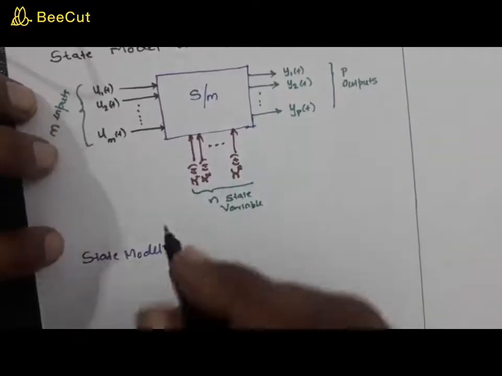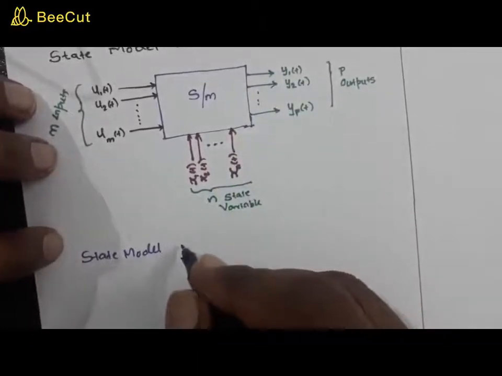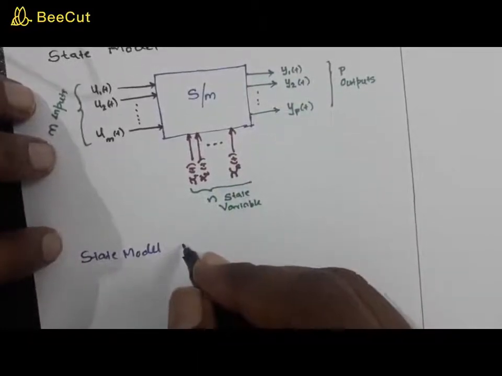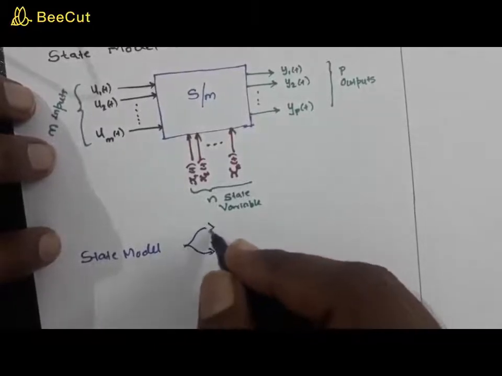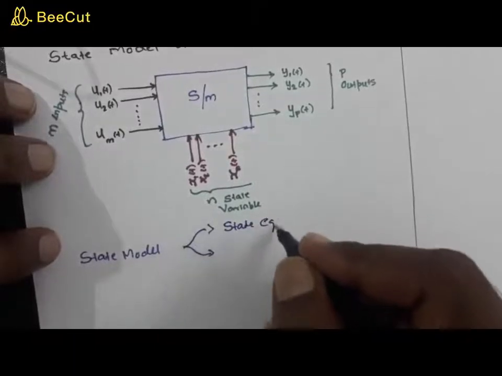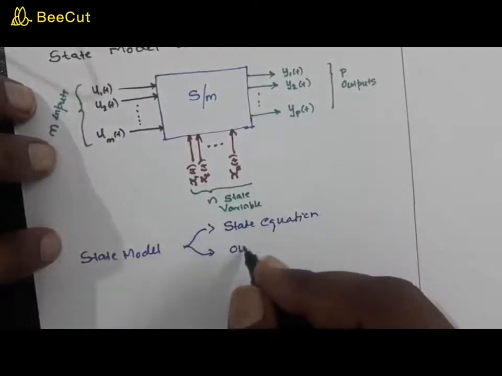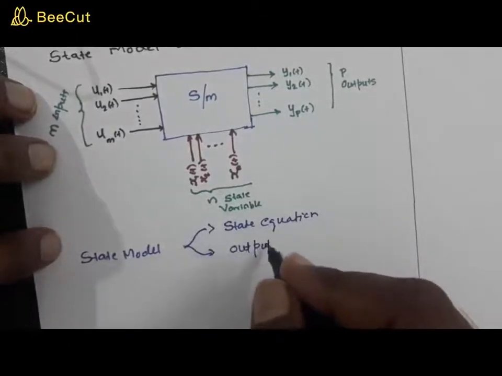Now the state model gives you the description of the system, or rather a mathematical description. The state model consists of two equations. One is called the state equation, and the other one is called the output equation.